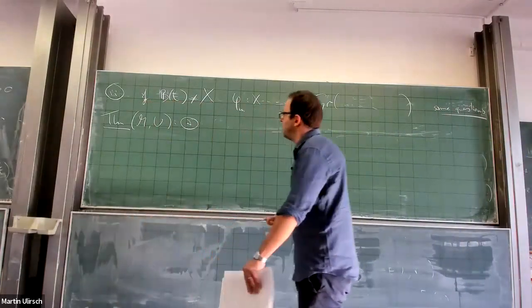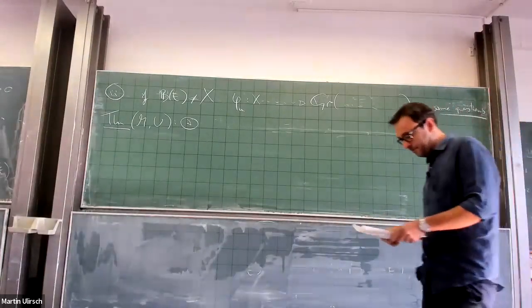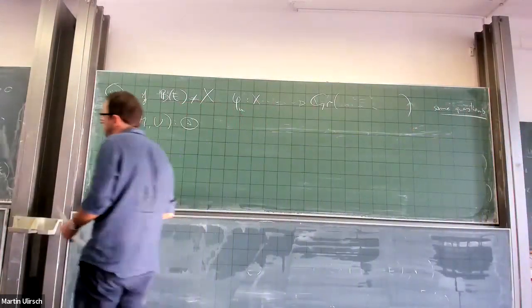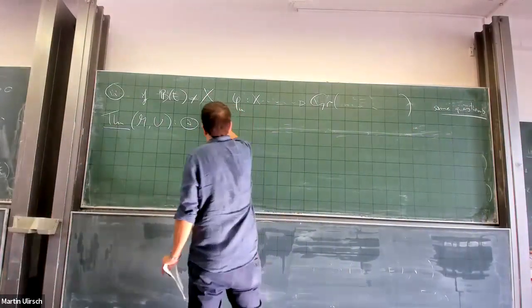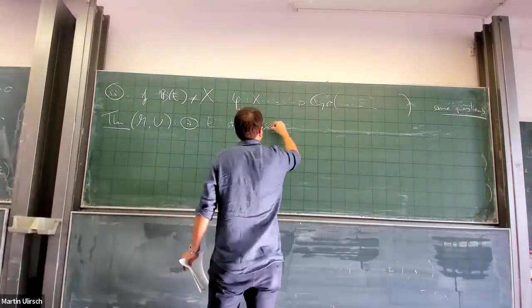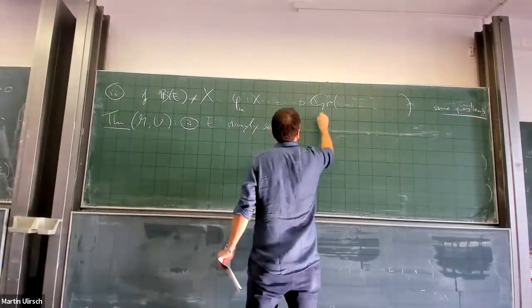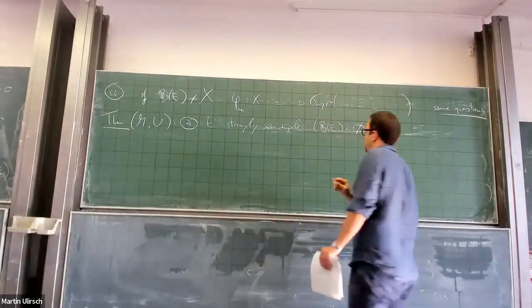As in the case of line bundles, there is a difference between the semiample case and the general case. Here, let us place ourselves first in the semiample case. So suppose that E is strongly semiample. This means that the stable base locus of E is empty.